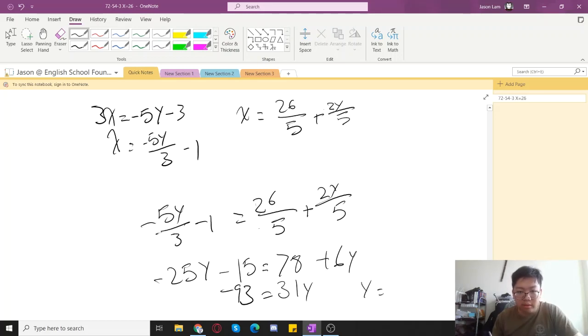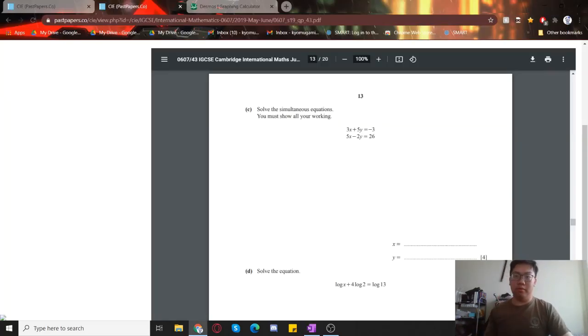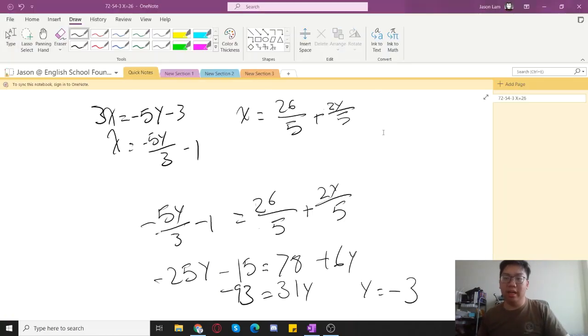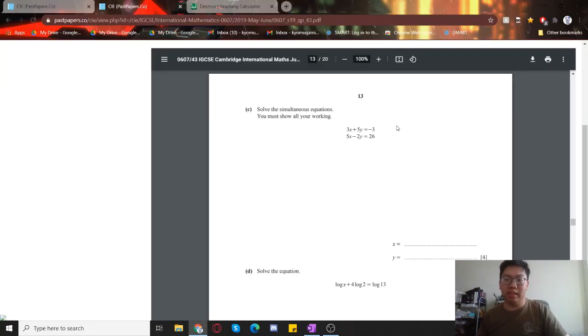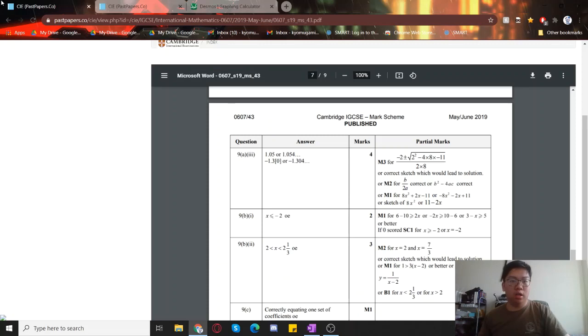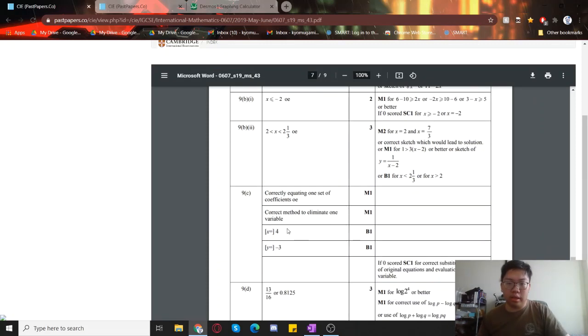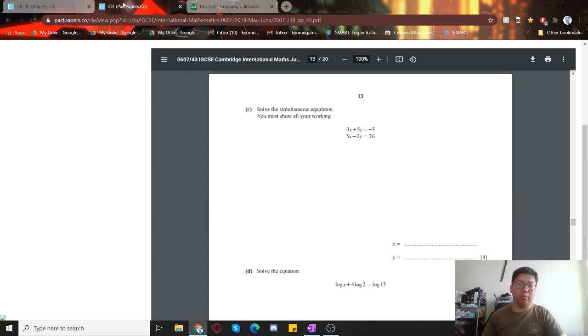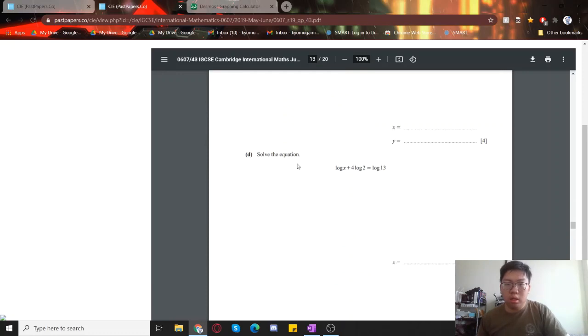So y is equal to minus 3. And then you would just work it out. Because we know y is minus 3, 5x minus 2 times minus 3, so that's plus 6, is equal to 26. 5x equals 20, and then x equals 4. So x equals 4, y equals minus 3. There we go.